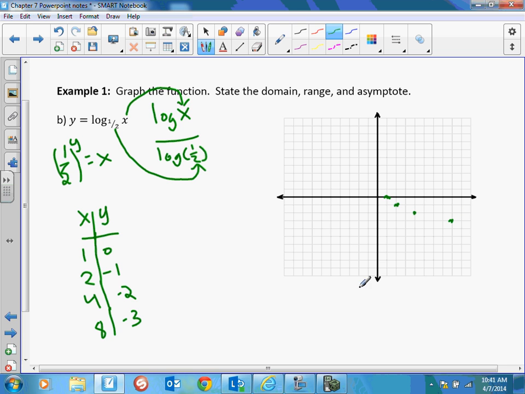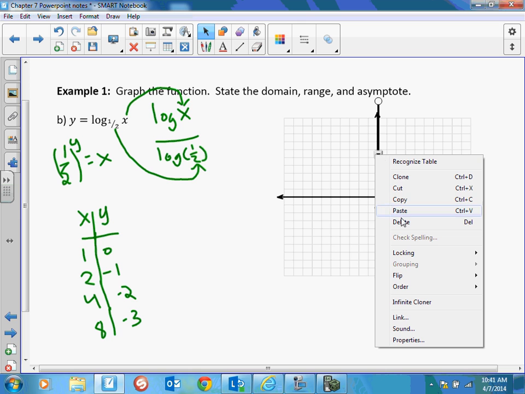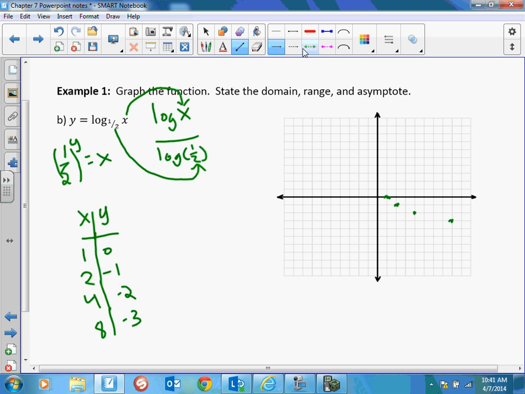We can draw our asymptote because it's not going to change. I want a dashed line. Then we can have the curve going up to that dashed line right there. So it's going to look like this, curving up, and then we just have some arrows because it does curve up forever.